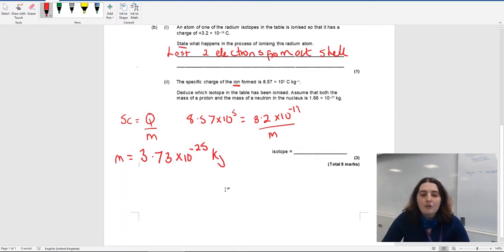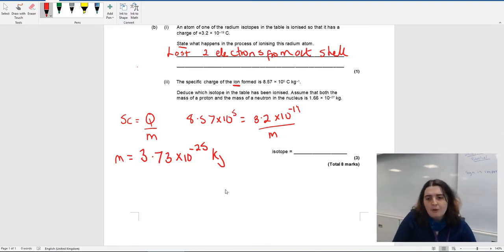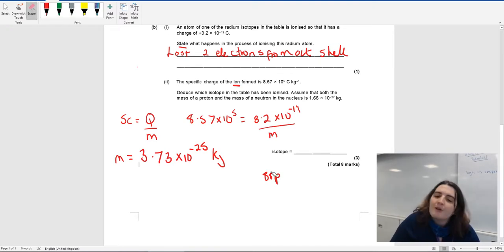I want to find out which isotope it is. There's a lot of things you can do, but I'm going to assume the electrons have a negligible mass. Actually, I'm going to include them. Currently I've got 88 protons, and actually, this is a first year question, you wouldn't get this in the second year.